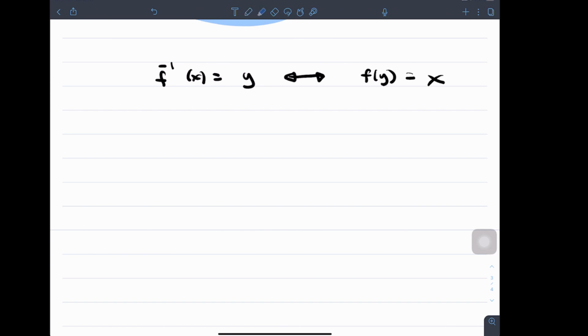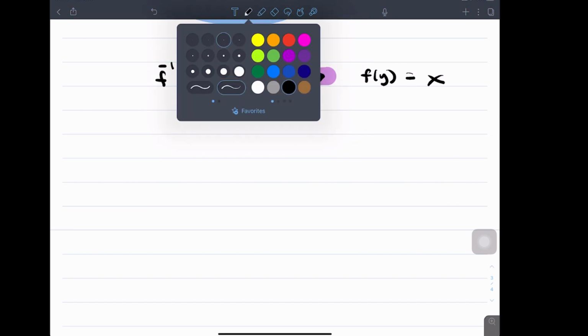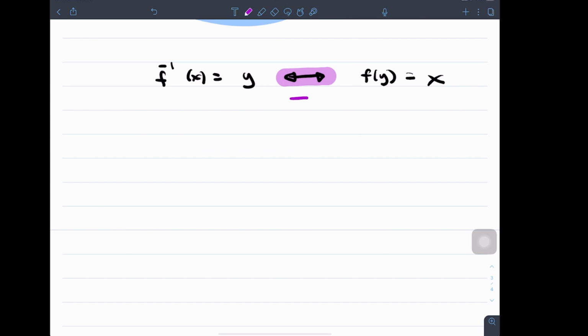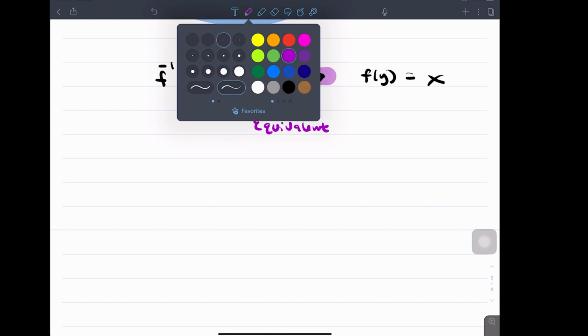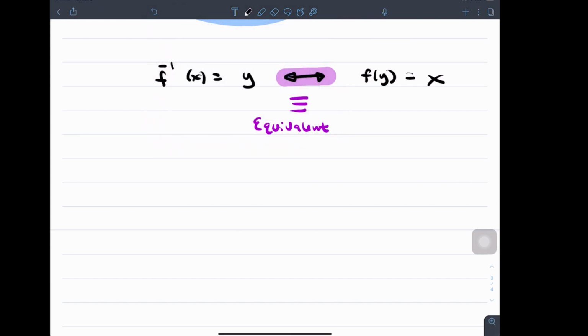Now, this symbol, so you guys know right here, this is like an equivalence symbol. In geometry, it's the 3 lines. It means simply equivalent relationships. And this is what the book starts off this topic with.